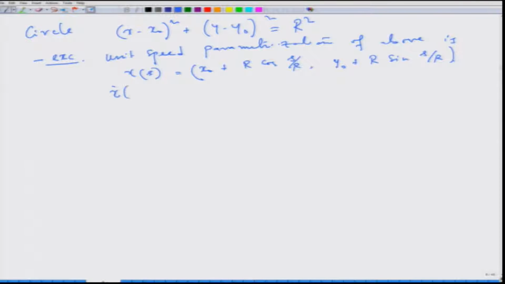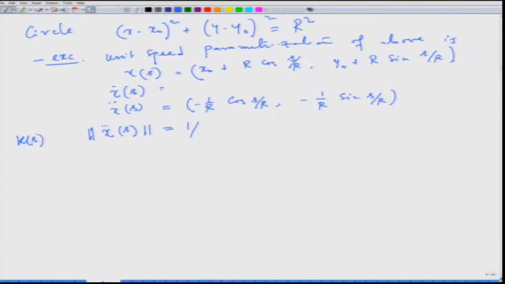Now, if you calculate gamma dot s and then gamma double dot s, you can calculate very easily. I write directly gamma double dot s equal to (minus 1 by r cos(s/r), minus 1 by r sin(s/r)). So, the norm of gamma double dot s, the curvature, is equal to 1 by r.